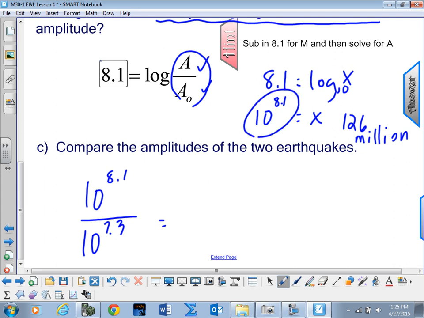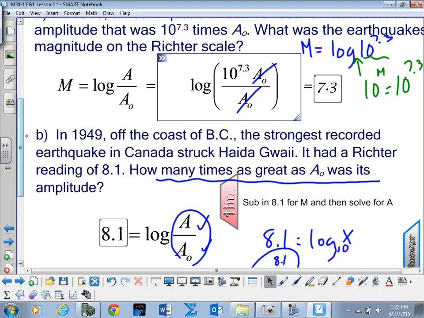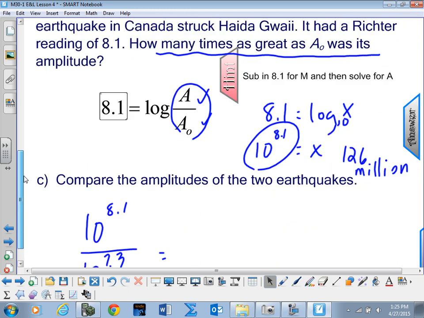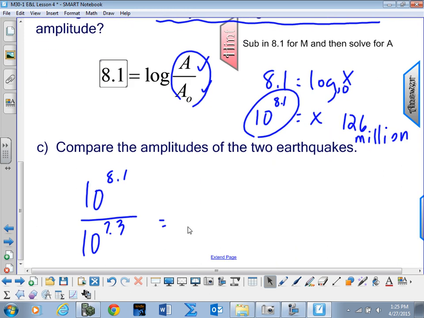This is 10 to the 8.1, and this original was 10 to the 7.3. When we're comparing magnitudes, we're always looking at base 10, and we would subtract these two. So we have 8.1 minus 7.3, and we get 0.8.